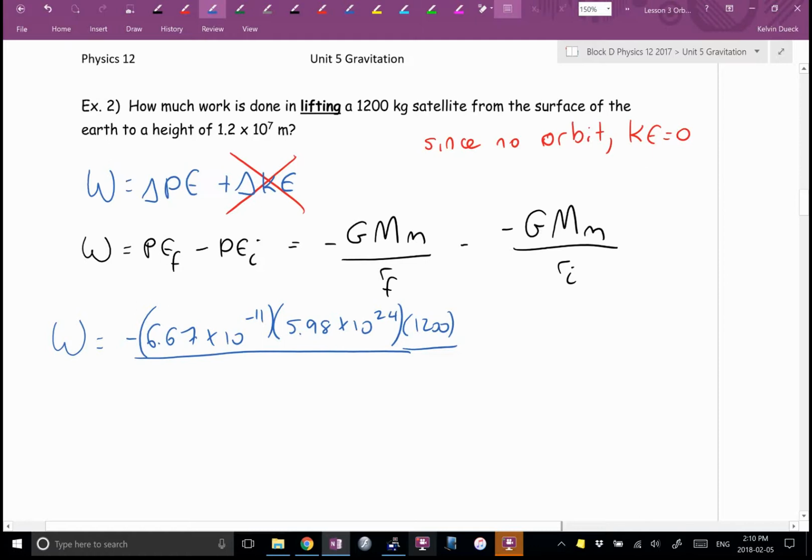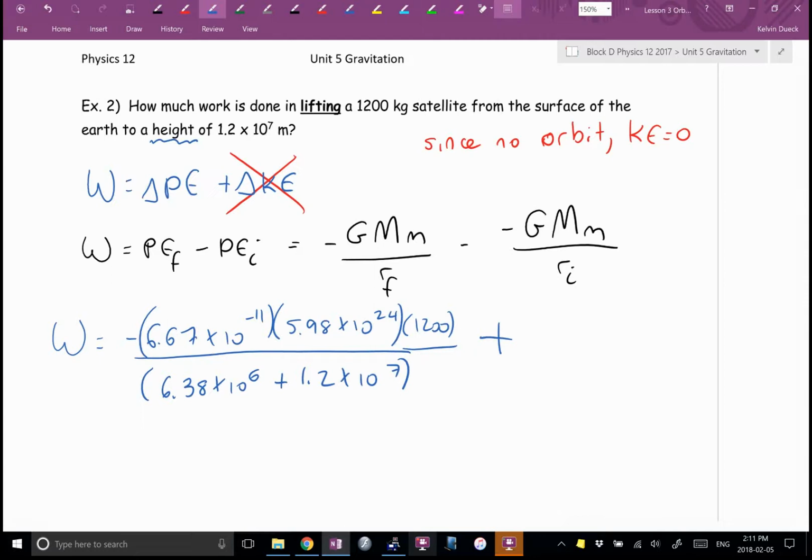Our final. Up here, what's up here? Well, it's going to be, because again, they gave us a height, it's going to be starting out the radius of the Earth plus the height. There's our final. Oh, what's a minus minus in? This is why I said, as long as you're careful, everything that needs to become positive will become positive.